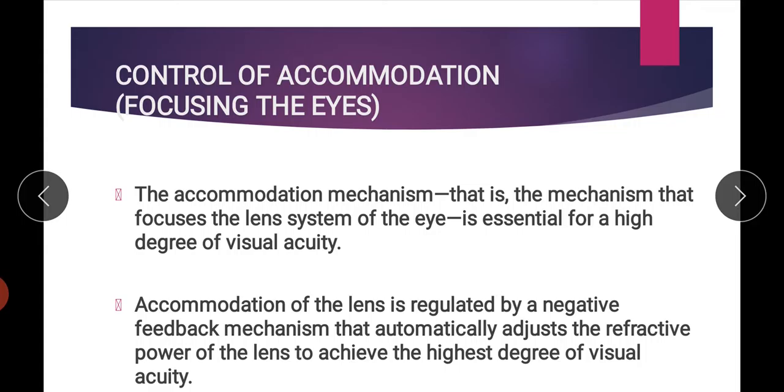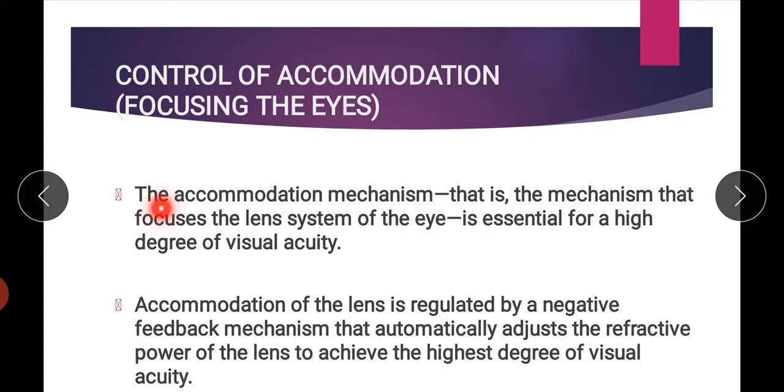To focus those light rays on the retina, changes must occur in the curvature of the lens, and that process is known as accommodation. How this mechanism acts, we are going to discuss today.